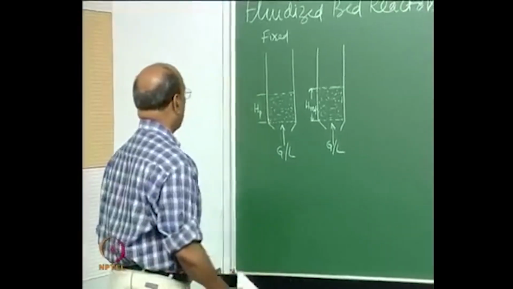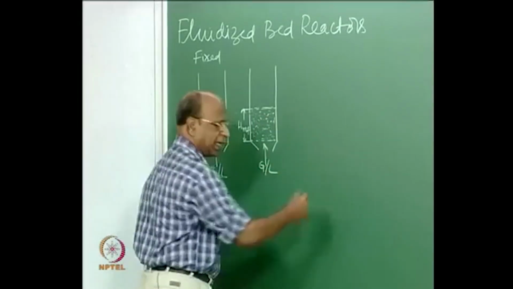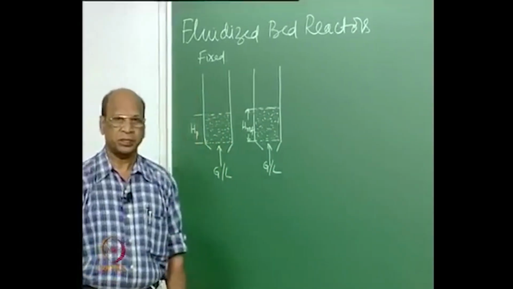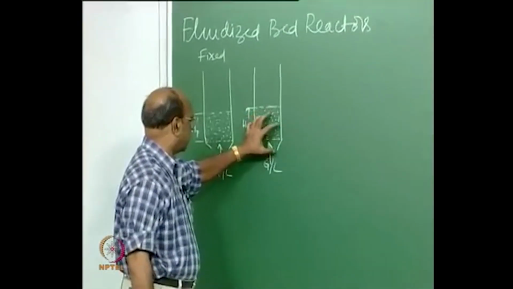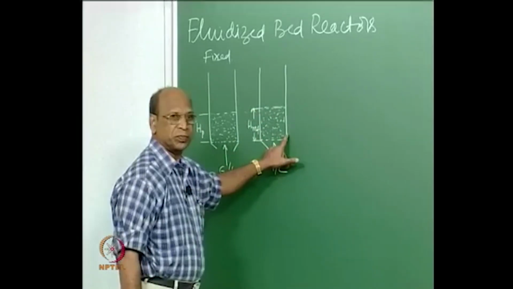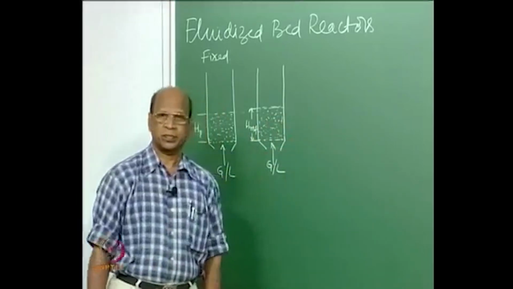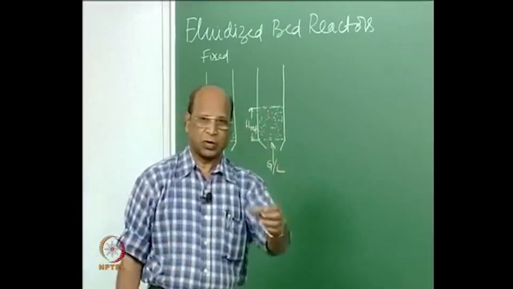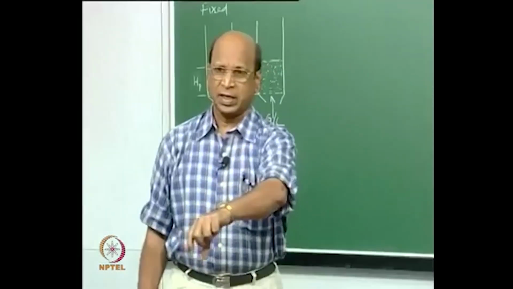Not only that, if you have a small hole here, then it flows like a fluid. Okay? So, just at the point of minimum fluidization velocity, try to have a hole here, side wall. Okay? Then it comes as a jet. It is exactly like if you have water in a tank and then put a hole, then it comes as a jet.